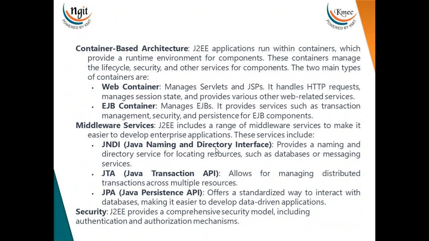JTA is Java Transaction API, which helps you manage transactions across multiple resources. When we say distributed applications, we have multiple resources, so transactions among them can be handled with JTA. And JPA is Java Persistence API, which offers a standardized way to interact with databases, and it is mainly used for data driven applications.